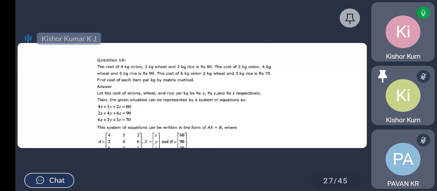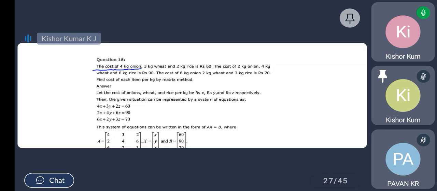The cost of 4 kg onion, 3 kg wheat and 2 kg rice is 60 rupees. The cost of 2 kg onion, 4 kg wheat and 6 kg rice is 90 rupees. And the cost of 6 kg onion, 2 kg wheat and 3 kg rice is 70 rupees. Find the cost of each item per kg by matrix method.